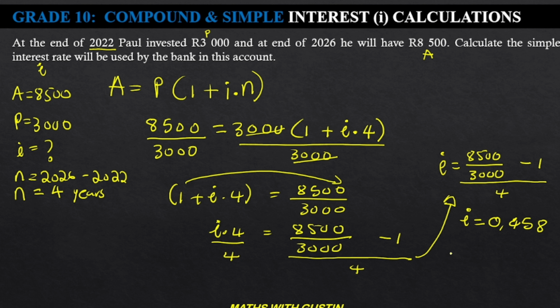If you want to take it to a percentage, you multiply by 100. Therefore, I is equal to 45.83%. That's how you would calculate an example where you are dealing with simple interest and are required to find I.